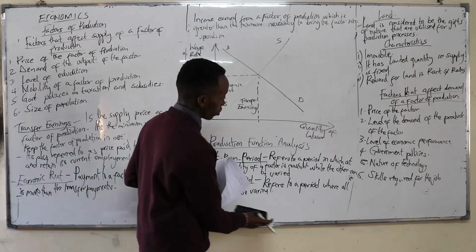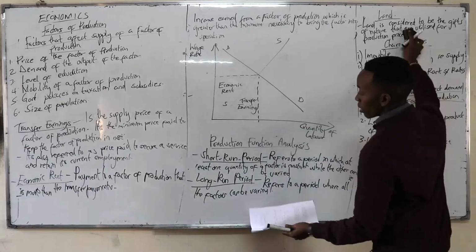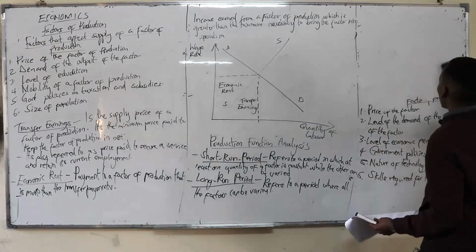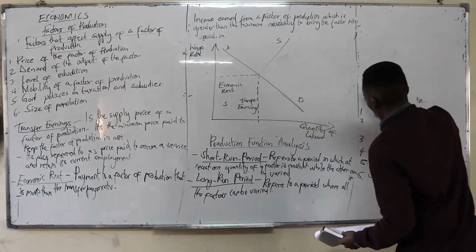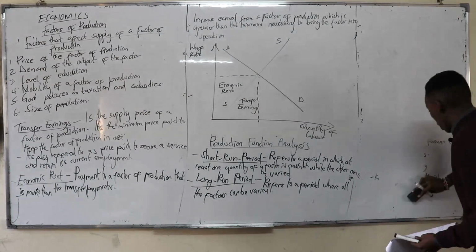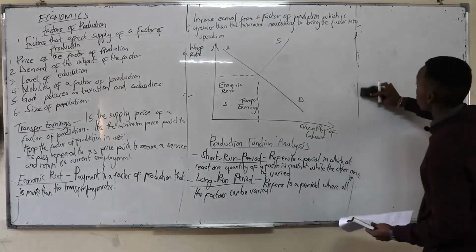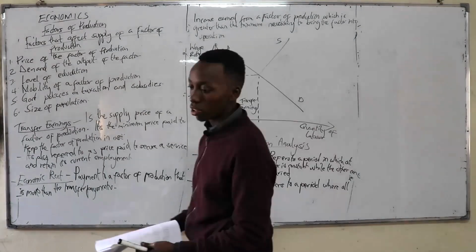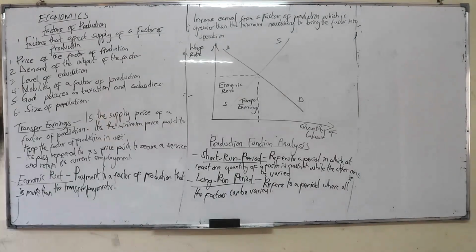When discussing these two types of production periods, we usually bring on board the concept of the total product, marginal product, and average product. I want to show you how the basis of calculation comes in terms of the law of variable proportions.